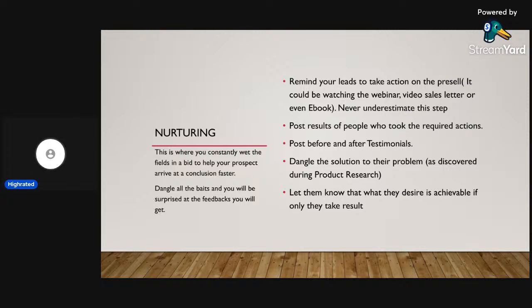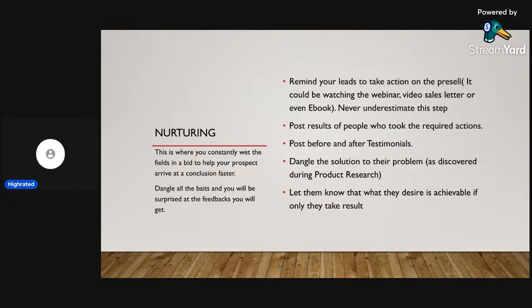No. So after you have done your pre-sale, your job is to water it. Your job is to send reminders. Your job is to let them know that this product works, and you'll be amazed at the result that comes out of it. You dangle all the baits, and you'll be surprised at the feedback you will get.